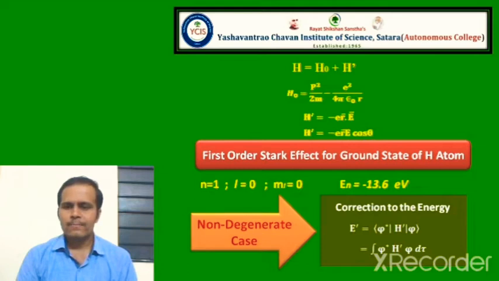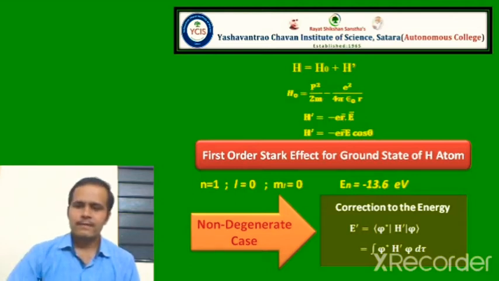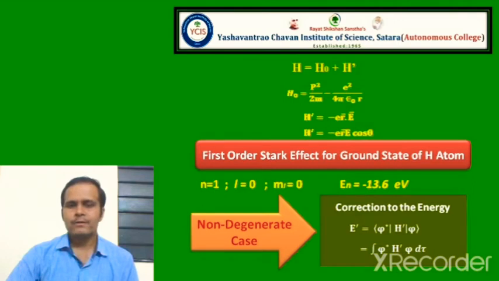Now we have the value of psi, psi for 100. So let us solve this integration, then we will get directly the correction to the energy due to the perturbation, due to the applied electric field. The main unperturbed energy is minus 13.6 electron volt. Now we will find E dash, and we will add this E dash to En.